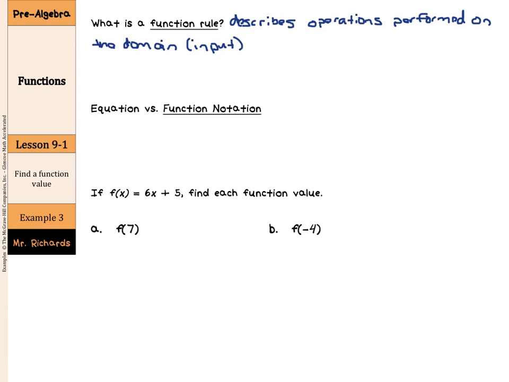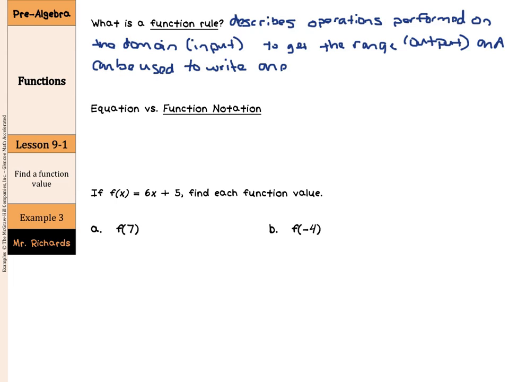So it describes operations performed on the domain, which is our input, to get the range, which will be our output, and can be used to write an equation that relates the variables.